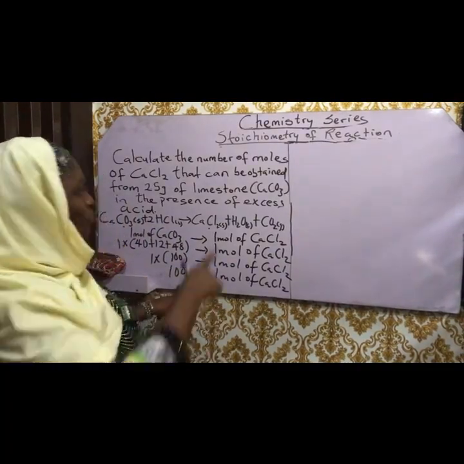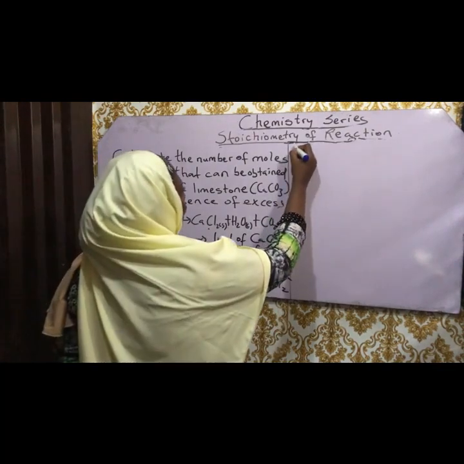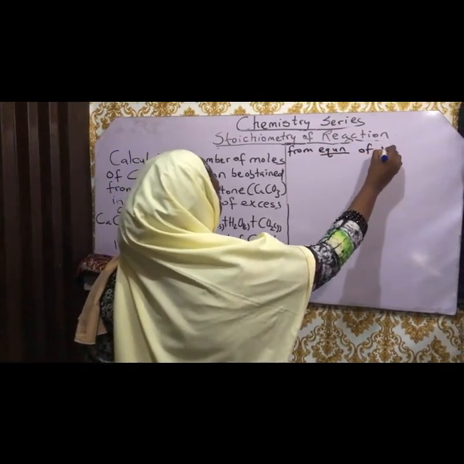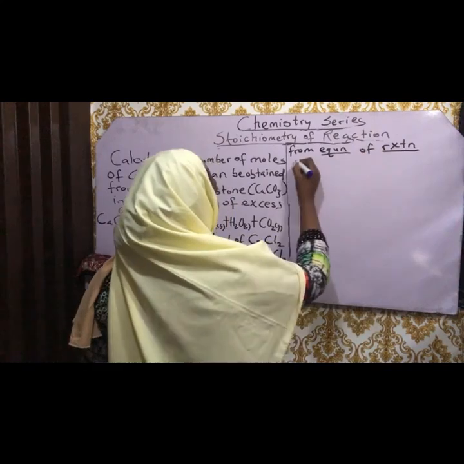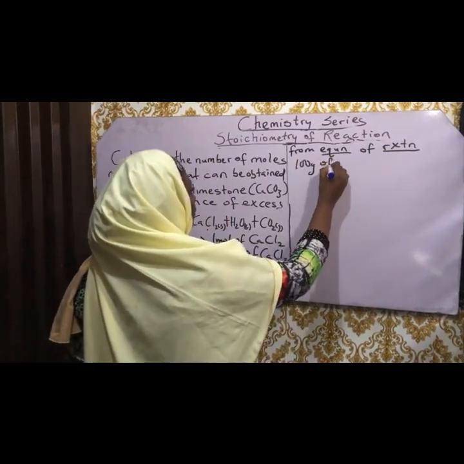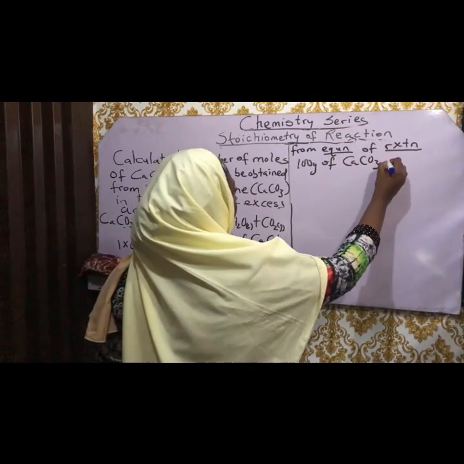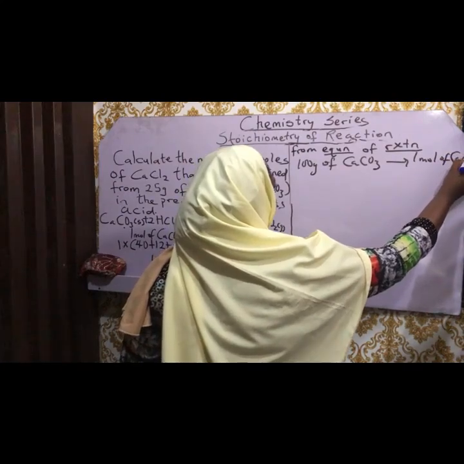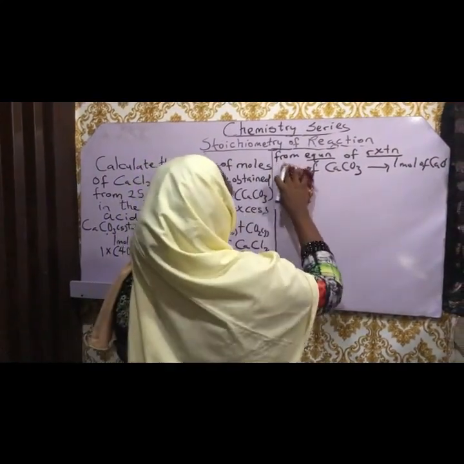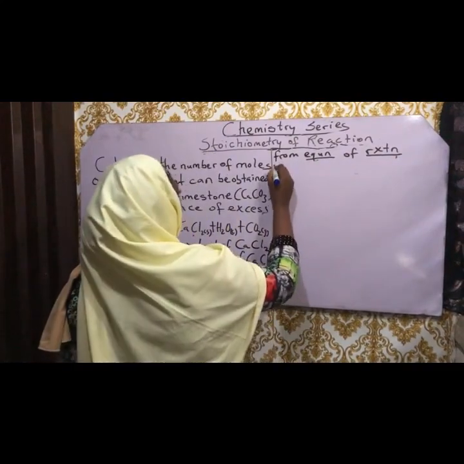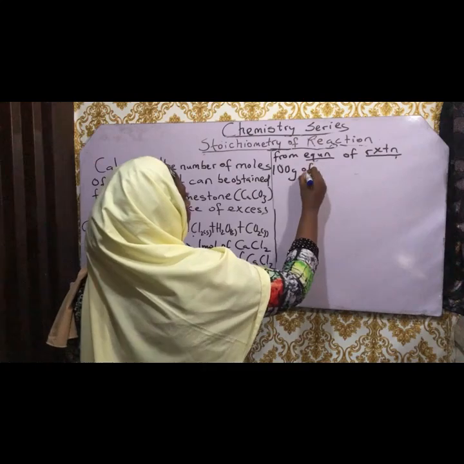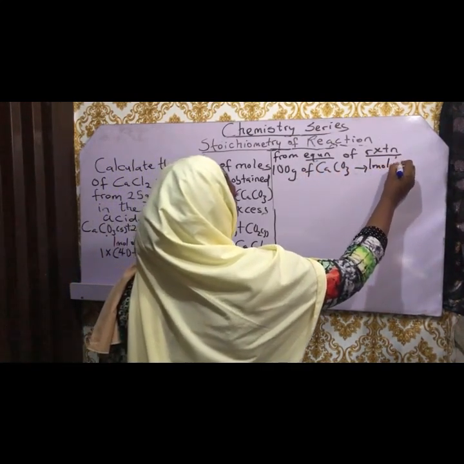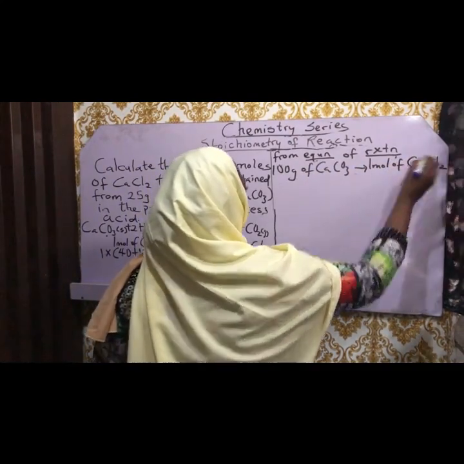So from the equation of reaction, 100 grams of CaCO3 gives 1 mole of CaCl2.